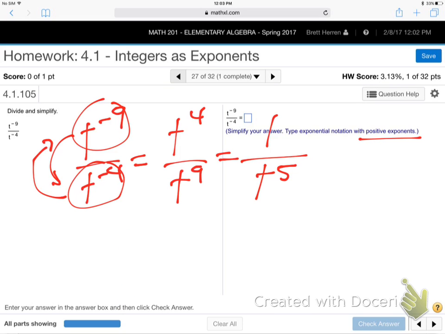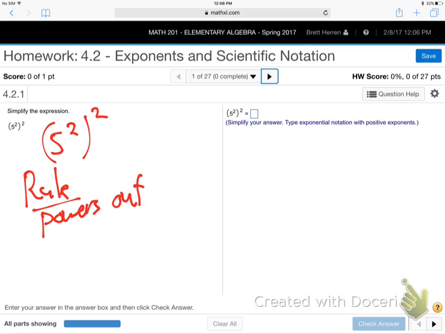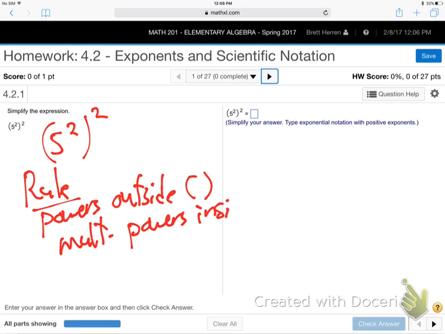All right. So 5 to the second to the second. Let me just write a rule for you. The rule is powers outside parentheses multiply powers inside parentheses.